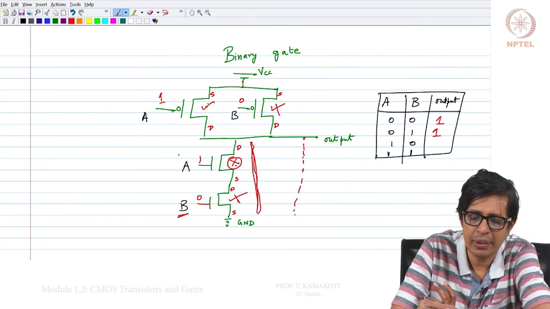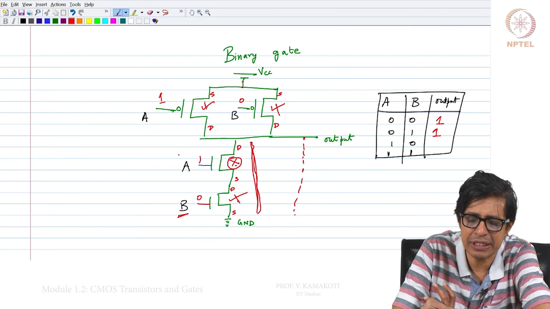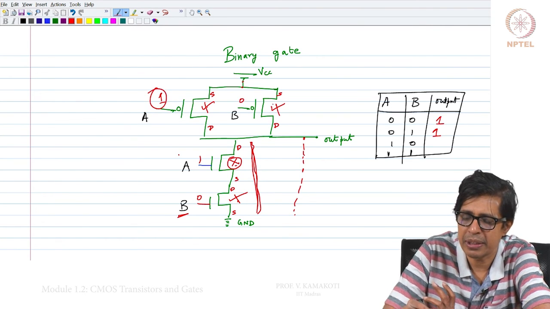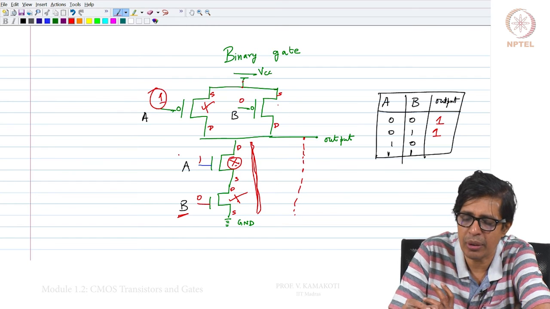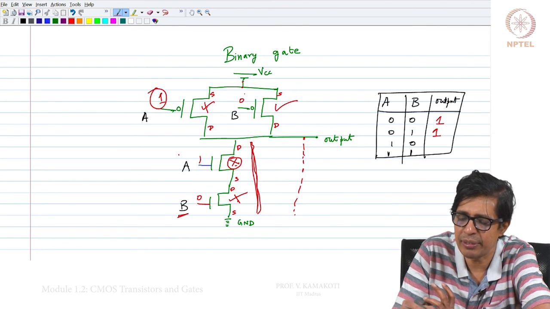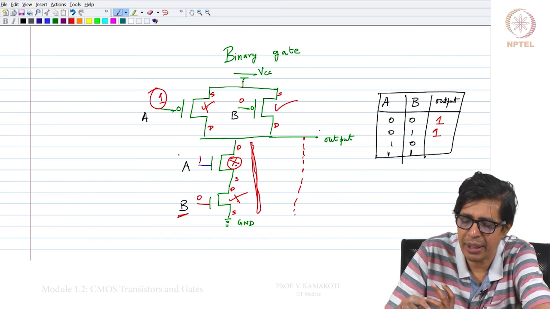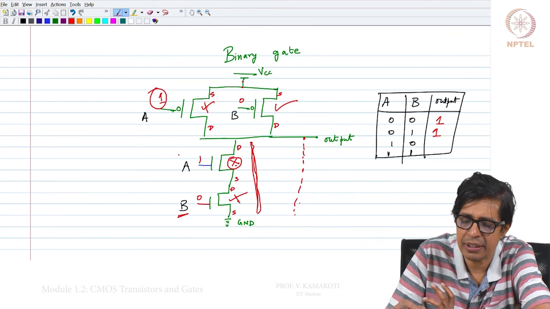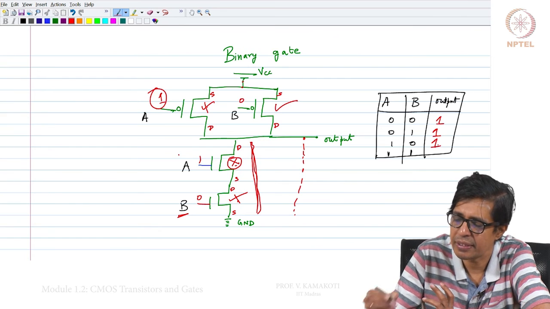The P transistor to which A is connected is off because you have given 1 here, but the B transistor is on because you have given 0. So, there is a path between VCC and output. When I measure the output here, you get VCC, that is 1.